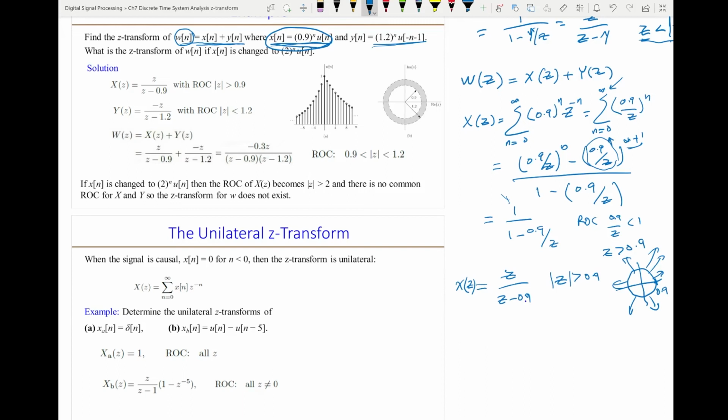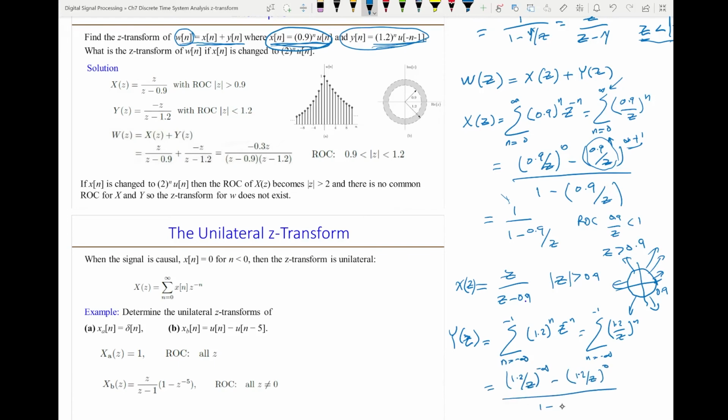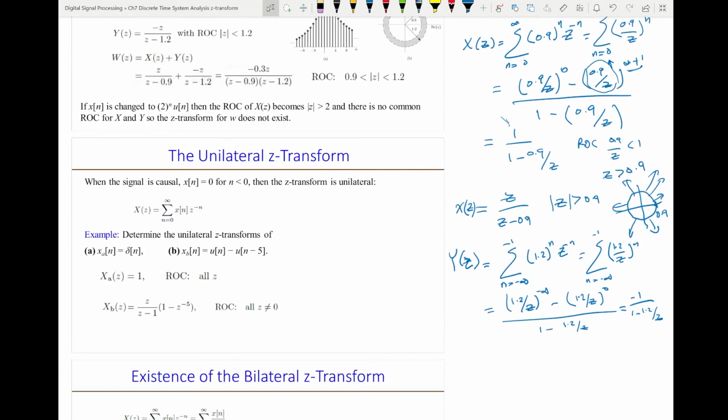And same thing now, if we calculate Y of z for this one, for the region of convergence, for this to be 0, 1.2 over z has to be larger than 1, and 1.2 larger than z, or z less than 1.2.